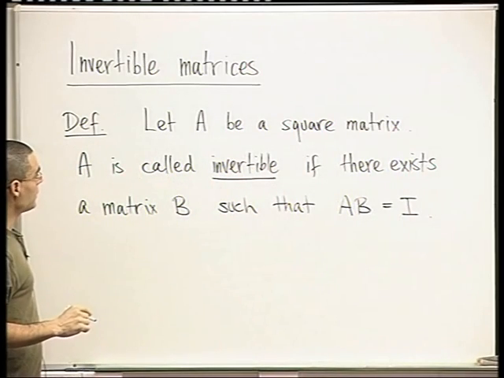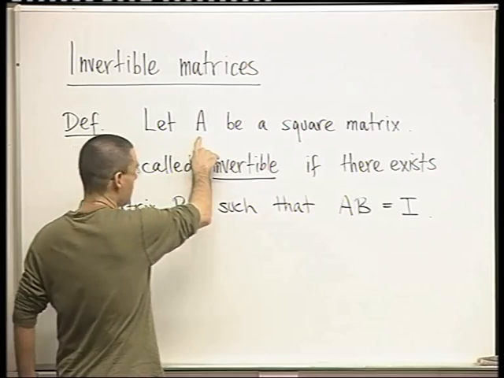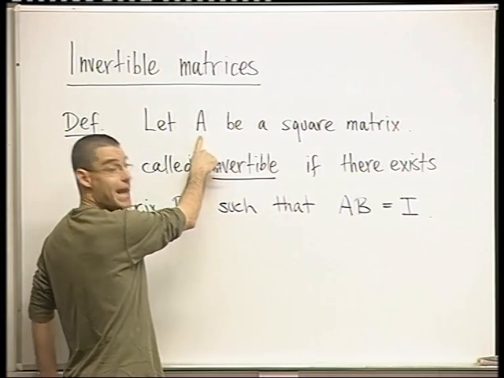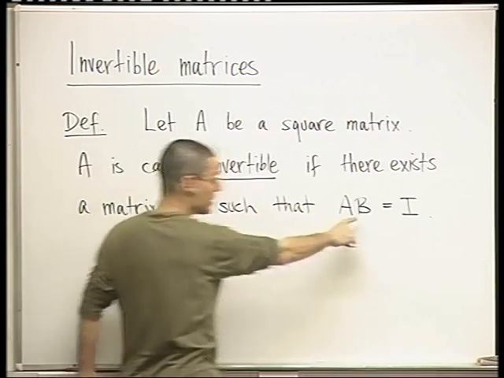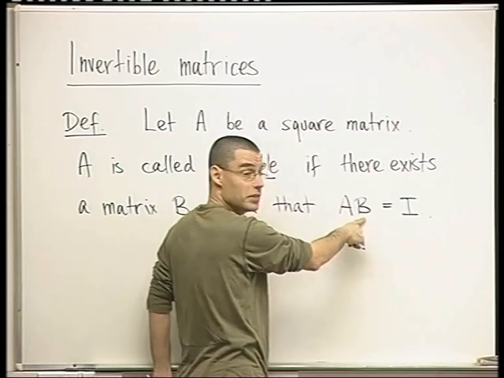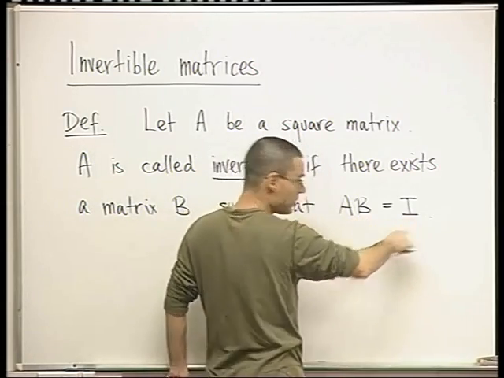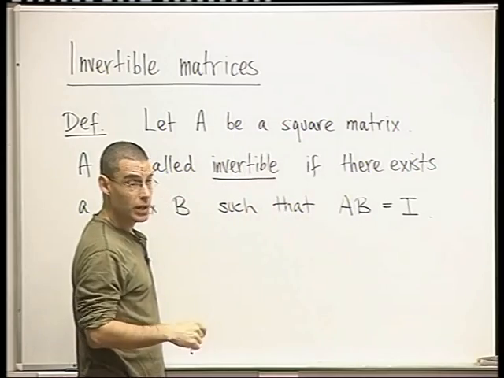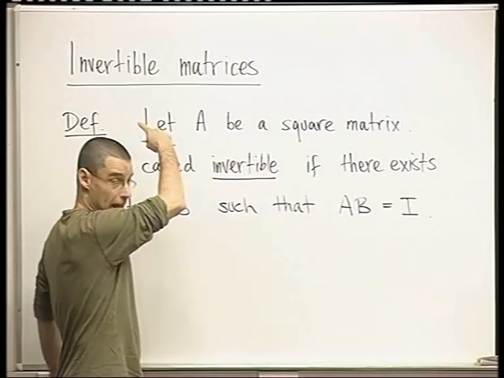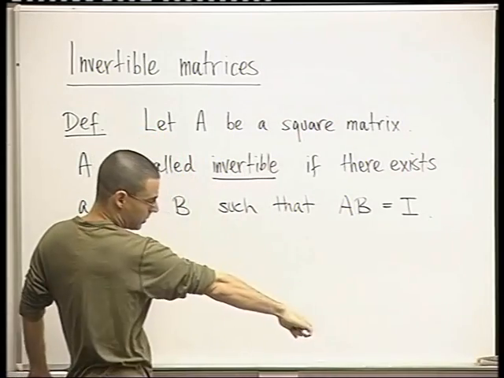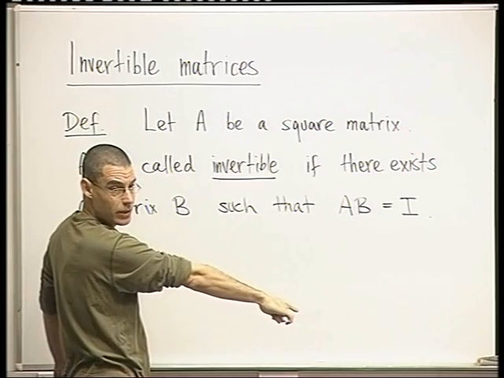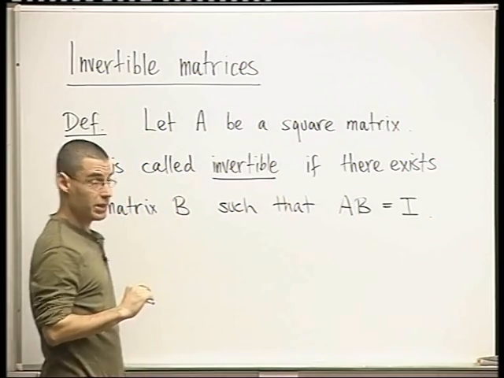Okay? And A is going to be a square matrix, say n by n. B is going to be another square matrix, n by n. And I is going to be the identity matrix of size n, namely n rows and n columns, ones along the main diagonal, and zeros everywhere else.